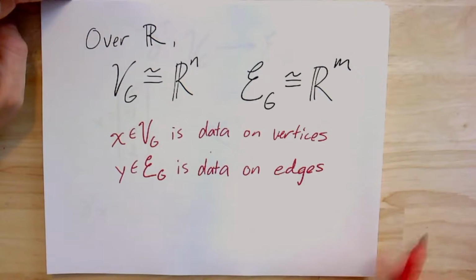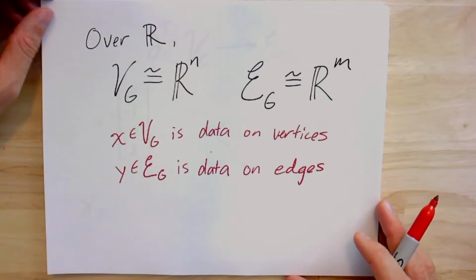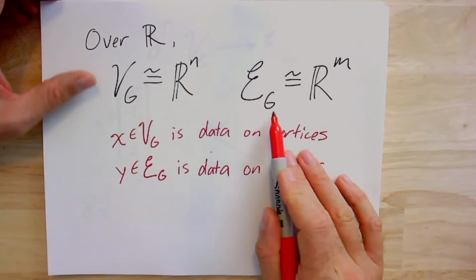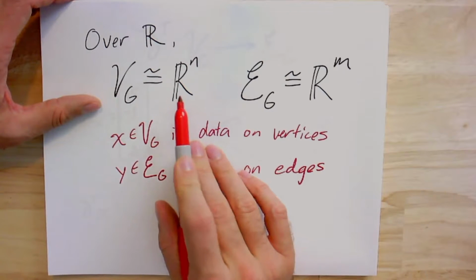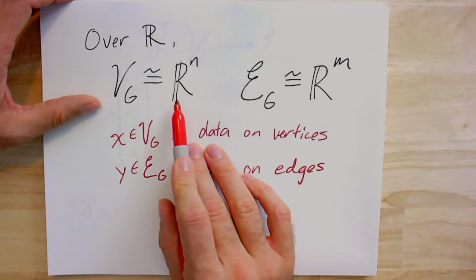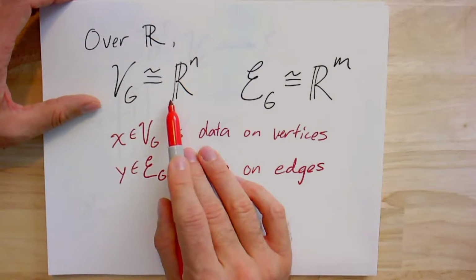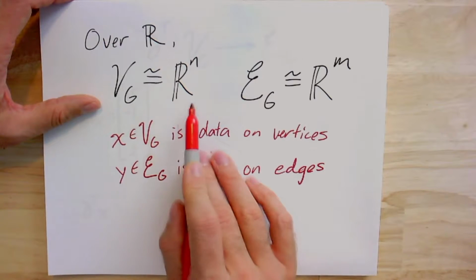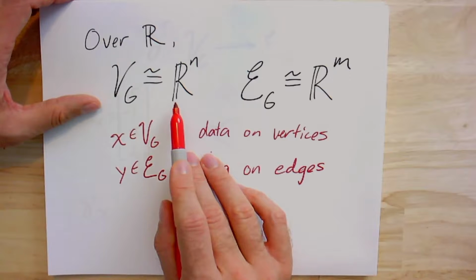In particular, we know that it was supposed to be a linear transformation from the vertex space to the edge space. And so I'm going to use these same symbols for our vertex space and the edge space over the reals, but now you should think of the vertex space as like R^n instead of just {0,1}^n. That is, when I look at a vector in the vertex space, I'm really assigning a real number to every vertex, where previously I was just assigning 1 or 0 as a way of indicating whether it was in a set or not.